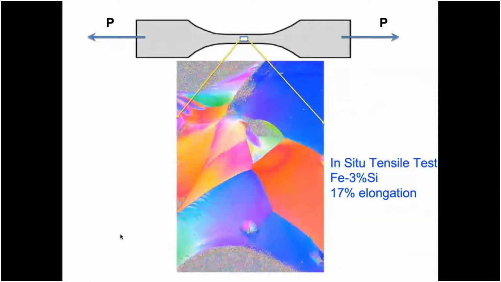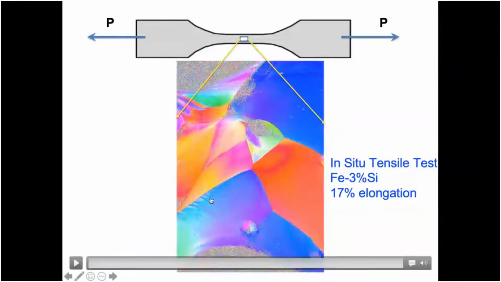Here, for example, you have a new grain boundary. Here you have shear bands arising from the grain boundary. This has to do, of course, with the fact that the plastic deformation of one grain is not exactly compatible with the plastic deformation of the neighboring grain.